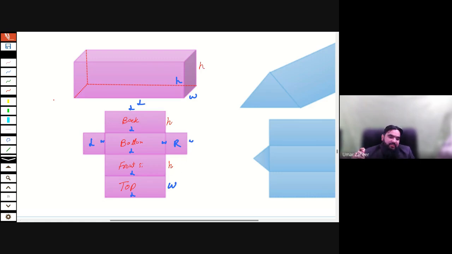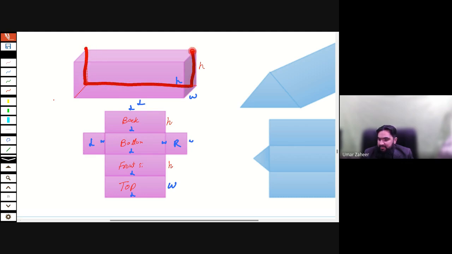Most students, when they open the 3D shape of the cuboid, mix up the values. They write the width values instead of height, or height values instead of width. You have to open it one by one. Look at here, it is the base, or bottom.